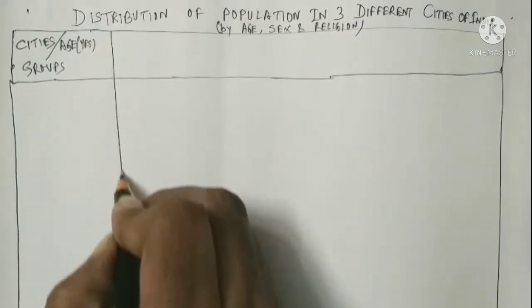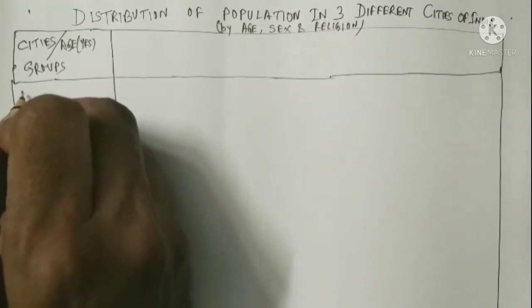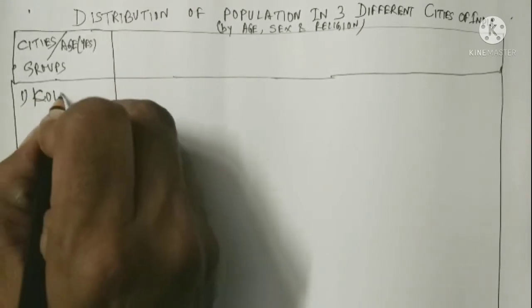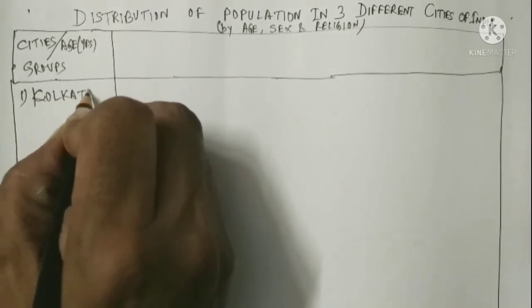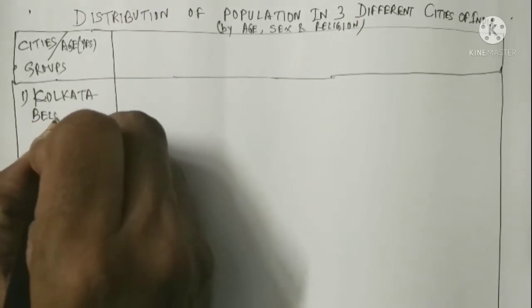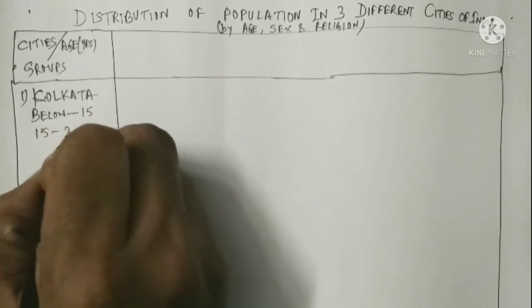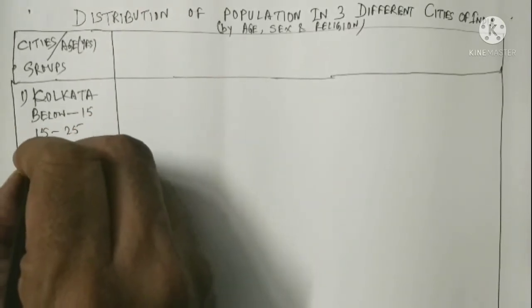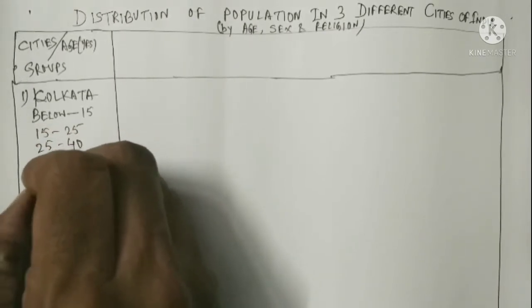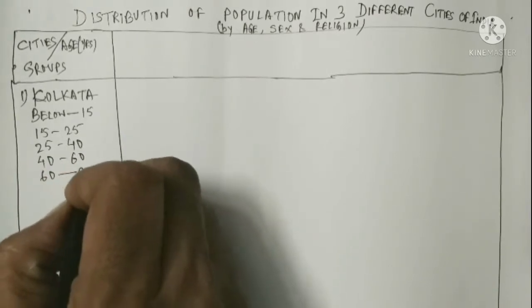First we set Kolkata, below 15, 15 to 25, 25 to 40, 40 to 60 and 60 and above.